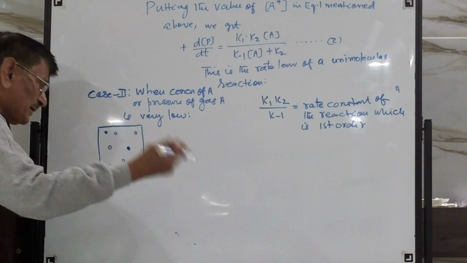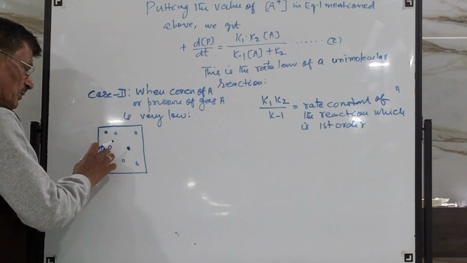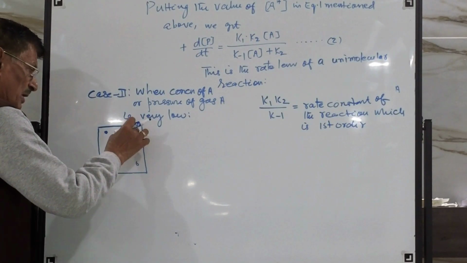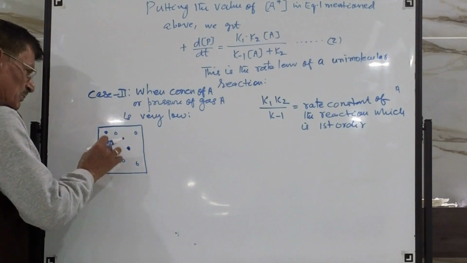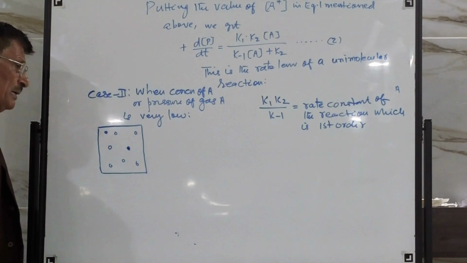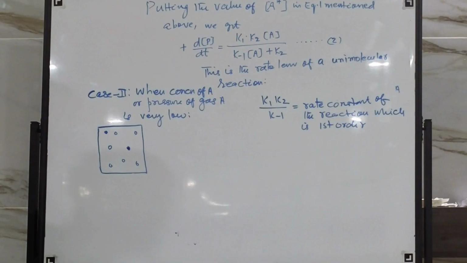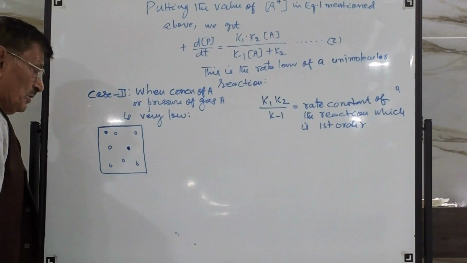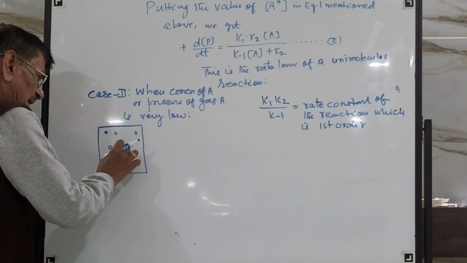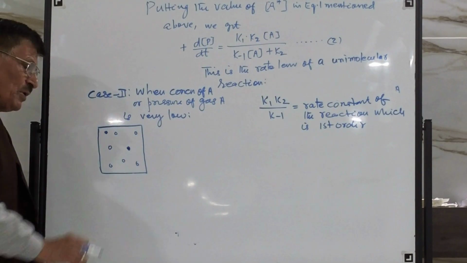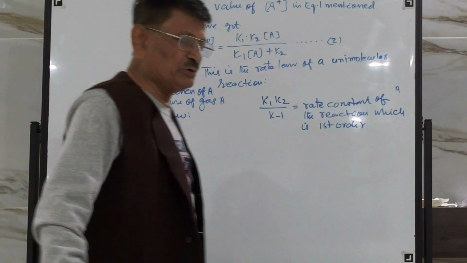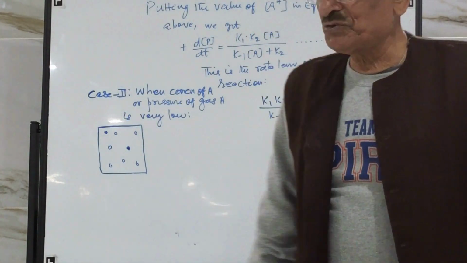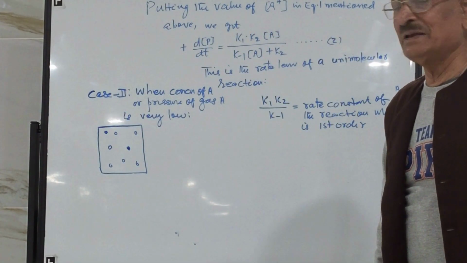After 5 seconds, it would convert into product. It will take 7 seconds for the other molecule to arrive at this point. So before it arrives here, this activated molecule will be converting to the product. So the question of deactivation will not arise.